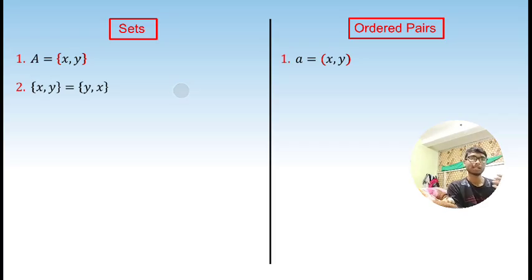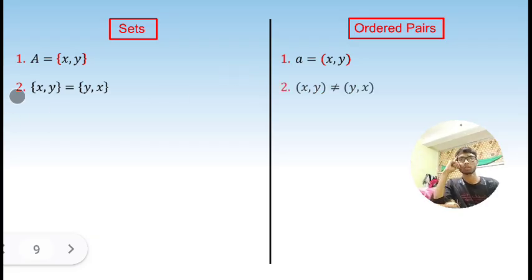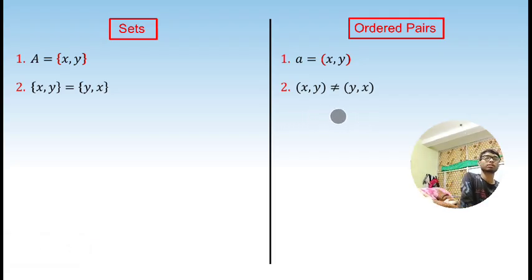The position of elements will matter. In a set the position of elements will not matter, but in an ordered pair the position of elements will matter. This is the second big difference between them. Here it will not be equal.